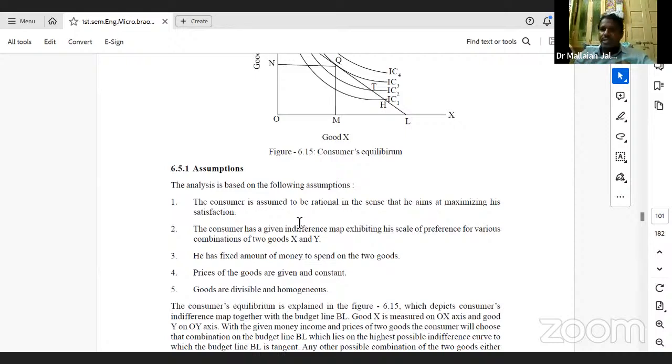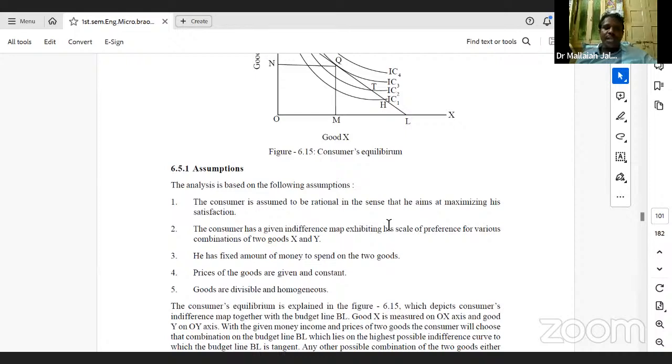He feels that for every single rupee he has to get the maximum satisfaction. That is rational behavior. And the consumer has a given indifference map and scale of preferences for various combinations of X commodity and Y commodity. There are different scales and different preferences. From those preferences, any combination he can choose.